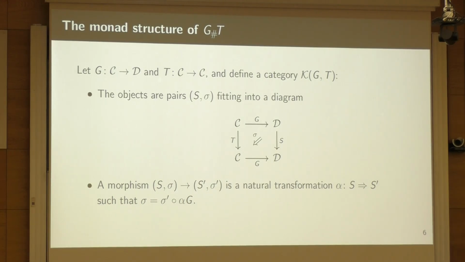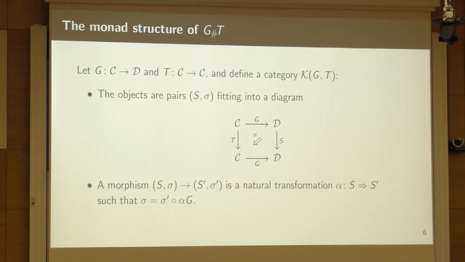Its objects are going to be squares like this, of a functor S, an endofunctor of D, and a natural transformation here. A morphism is going to be a natural transformation between these functors on the right that intertwines the things in the square.